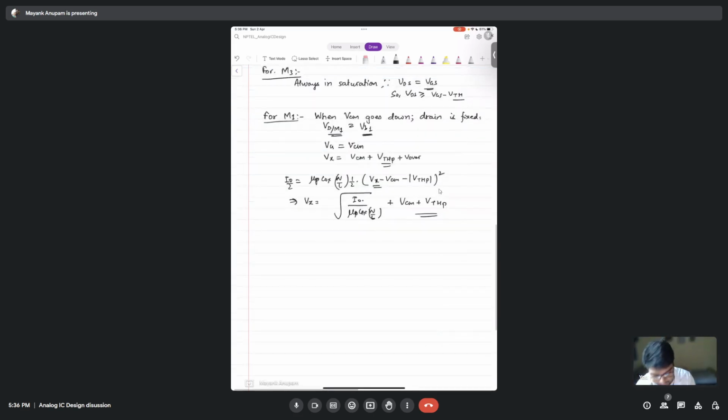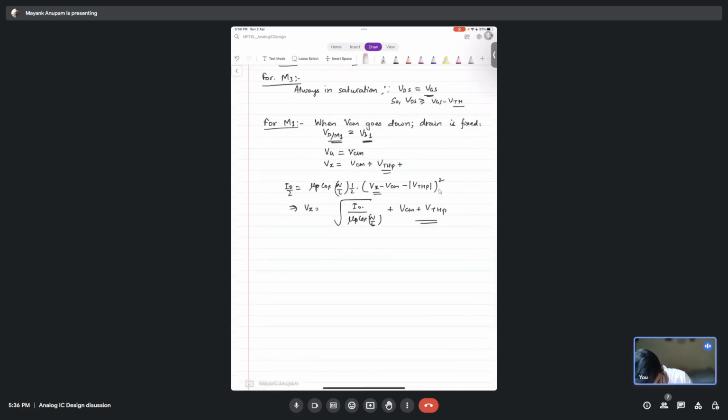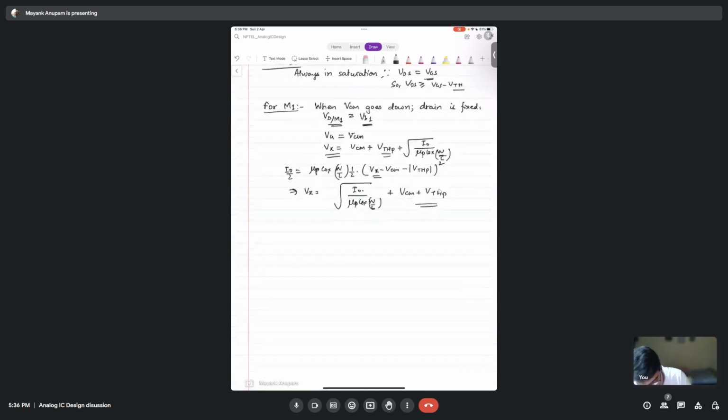So that is what I have written here: VCM plus VTHP plus the square root of 2 I naught divided by mu p Cox W over L. This is Vx.